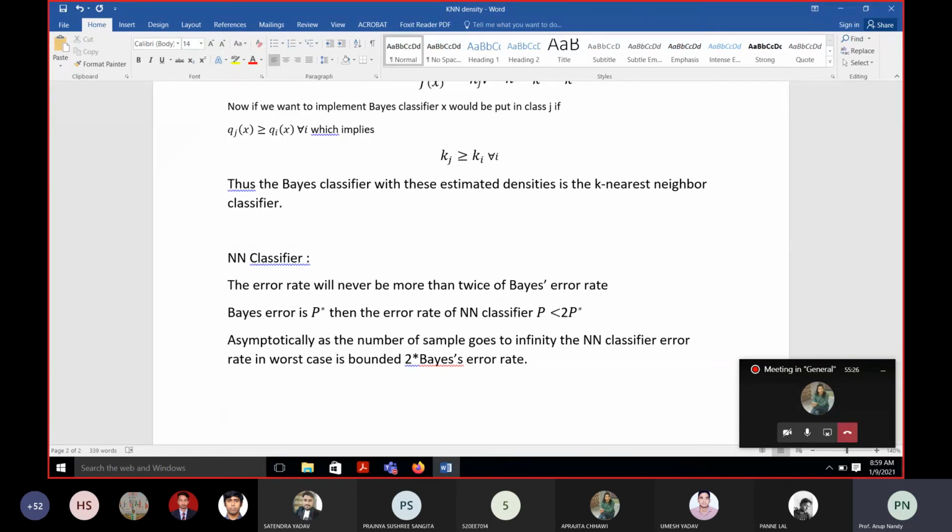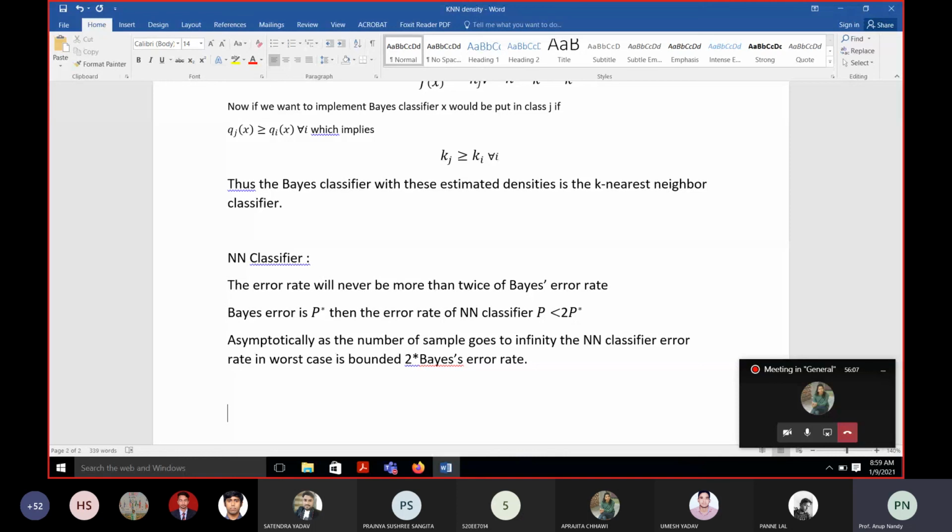So this is very important. In the nearest neighbor classifier, the error rate will never be more than twice the Bayes error rate, and if you consider the Bayes error as P star, then the error rate of the nearest neighbor classifier P is less than twice P star. Now, suppose you develop your own classifier and want to mathematically prove whether it is an optimal classifier or not.